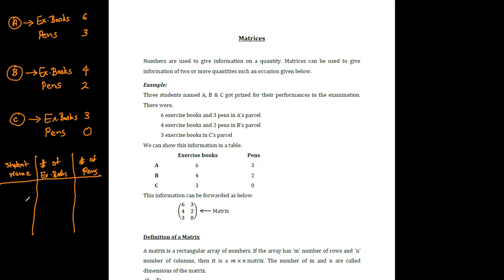Then for students A, B, and C, we can write down their number of exercise books and number of pens in their parcels respectively.